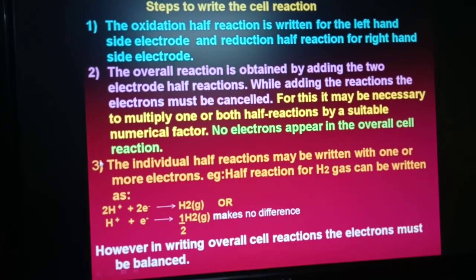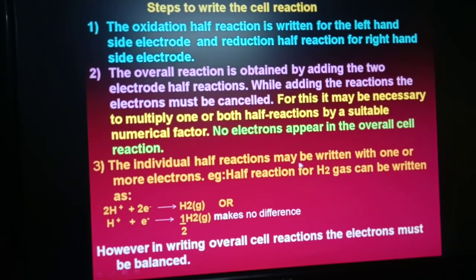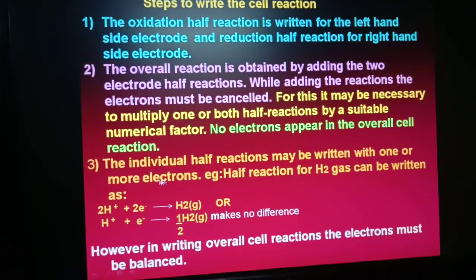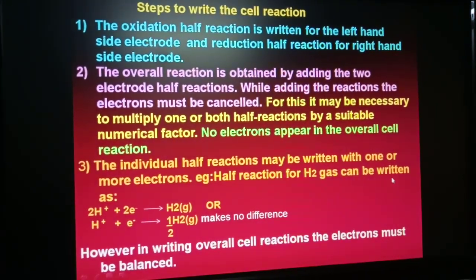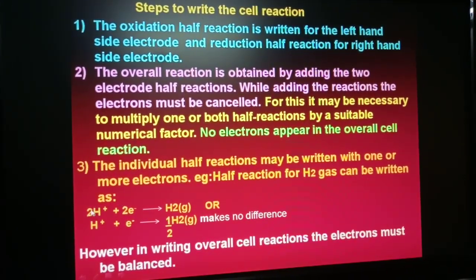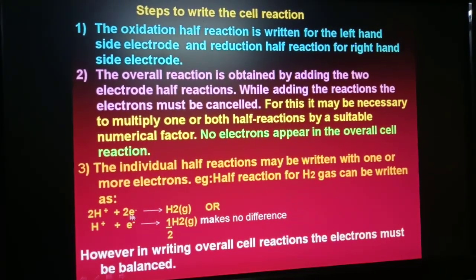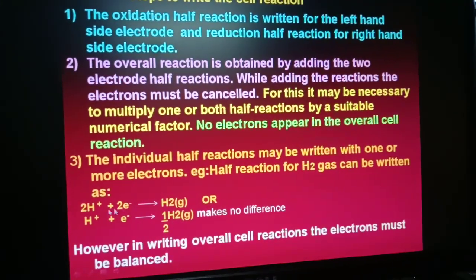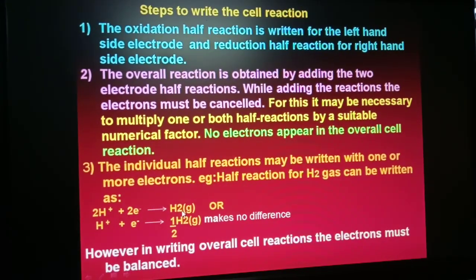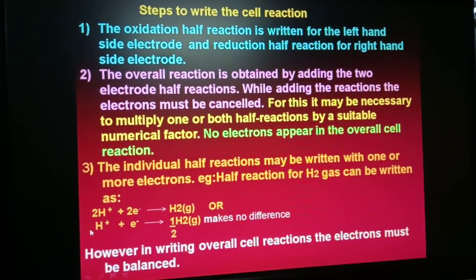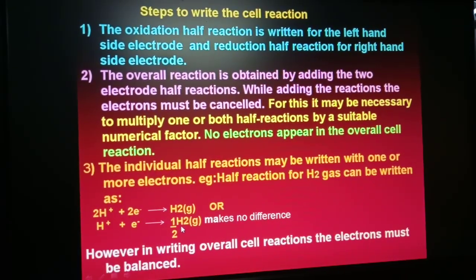Now let us come back to step number 3. The individual half reactions may be written with 1 or more electrons. For example, the half reaction for H2 gas can be written as H+ gaining electrons to form H2 as follows: 2 H+ plus 2 electrons gives H2 gas, or we can also write it as H+ gains 1 electron to form half H2 gas.